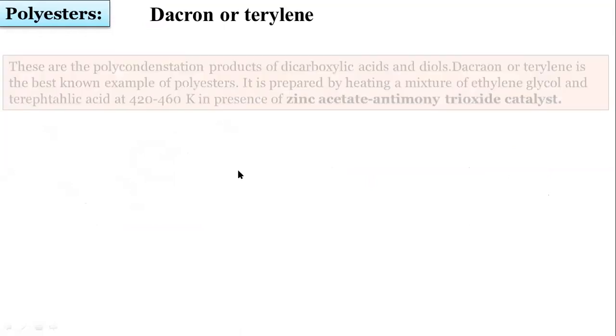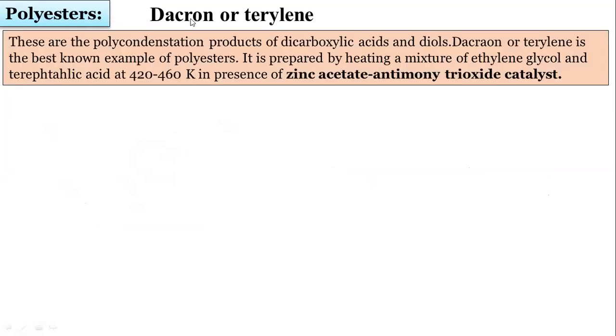Then next one is polyester. This is a condensation polymer. These are also called dacron or terylene. Dacron or terylene is another name for polyesters. As the name suggests, the monomer is an ester, and from this ester, polyester is prepared.